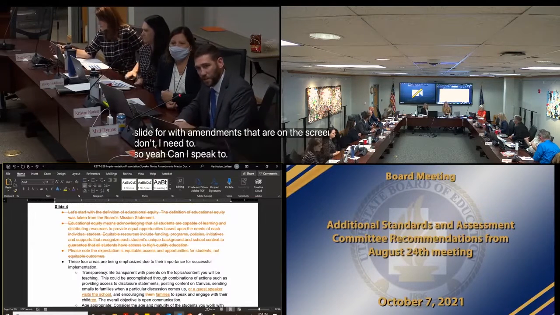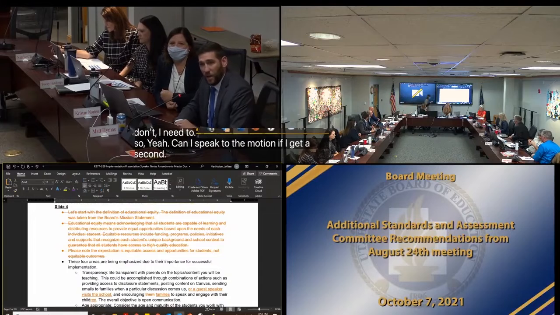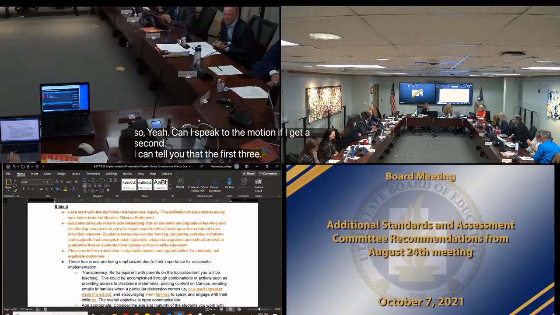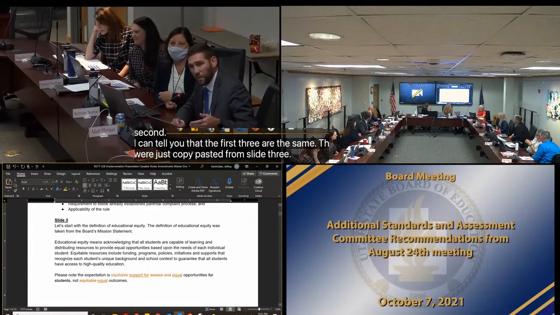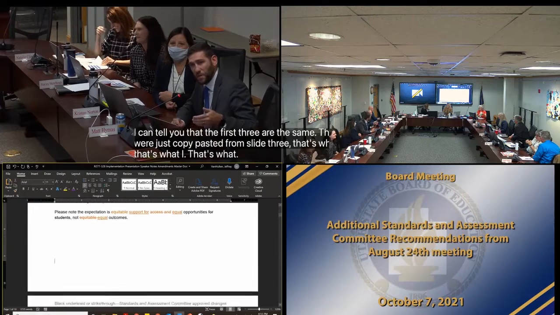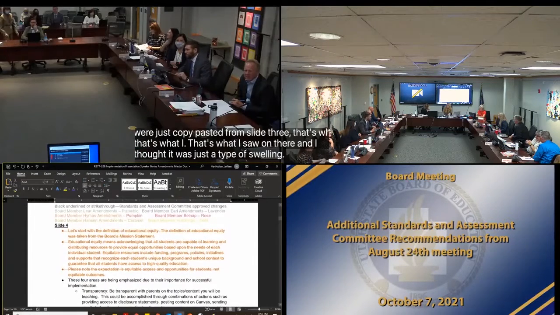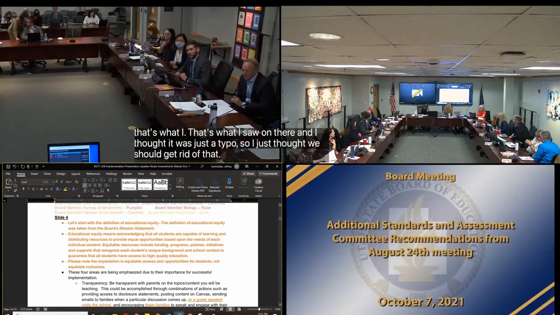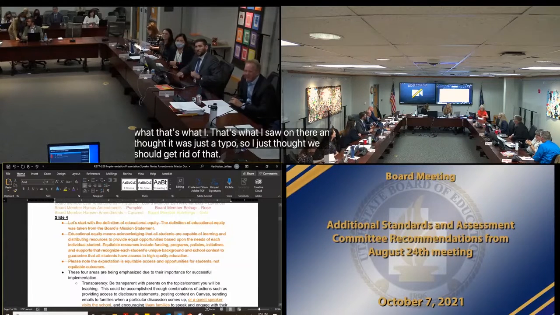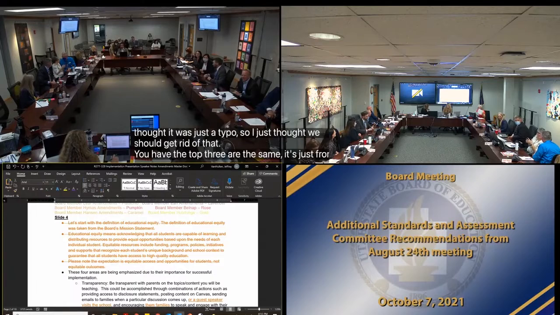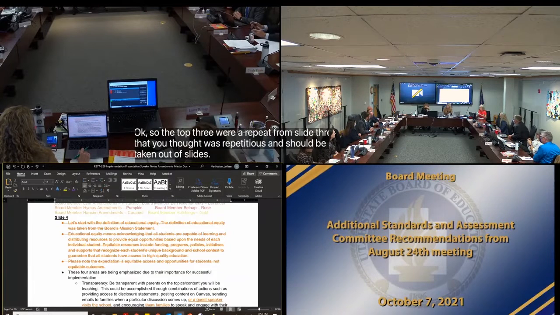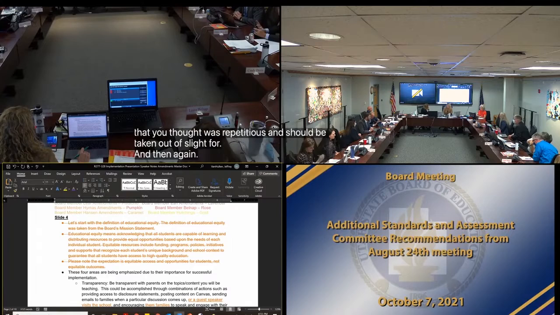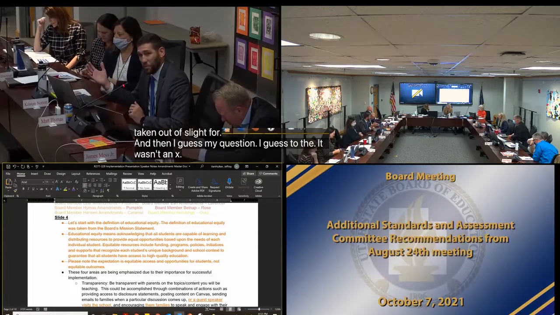Can I speak to the motion if I get a second? I can tell you that the first 3 were just copy and pasted from slide 3. I thought it was just a typo, so I thought we should get rid of them. Yes, the top 3 are the same, just repeated. If it was on purpose, I don't know why it would be.